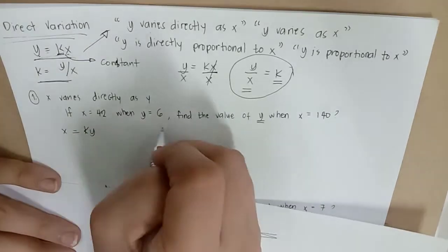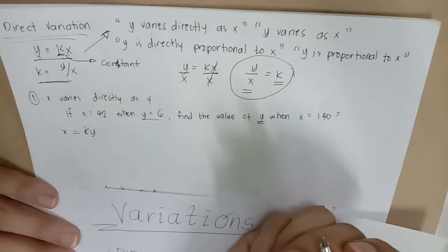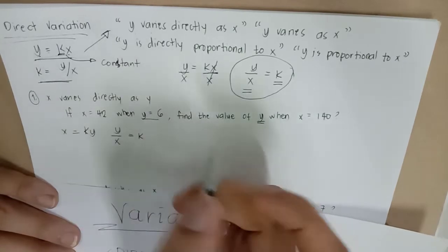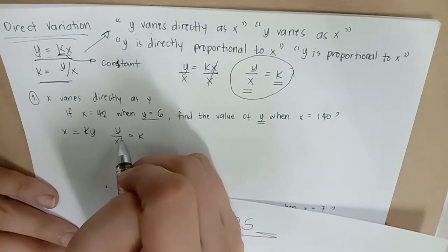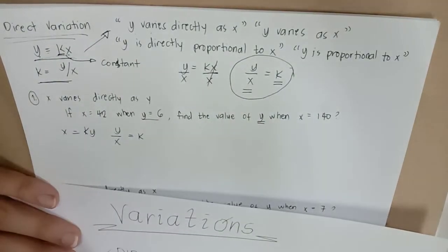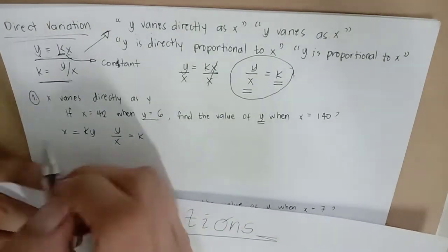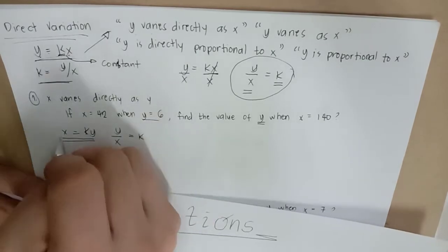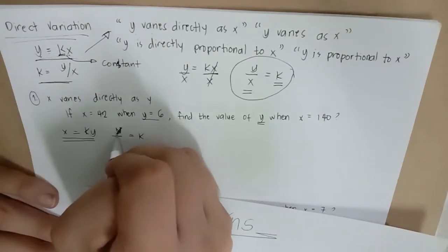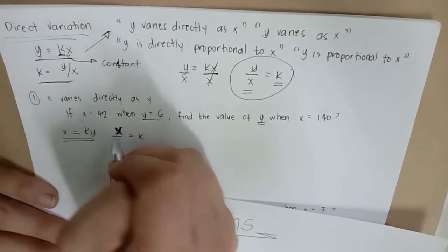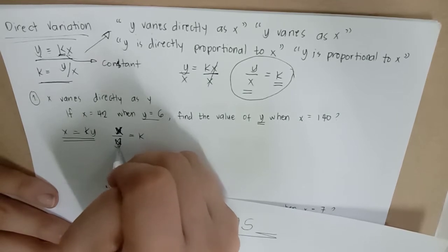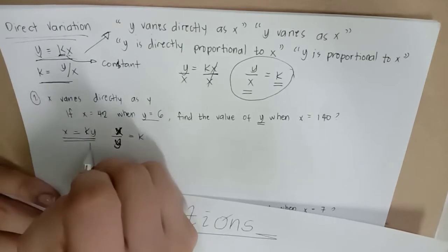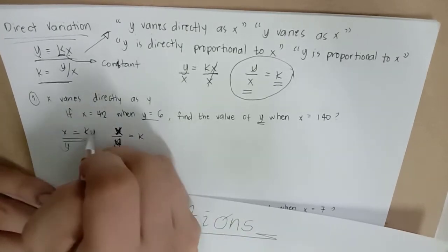Let's substitute. The formula we have is y over x equals k. Miss made a mistake. Since it is x that varies directly as y, it is reversed: it is x over y, because we divide by y so that it cancels.